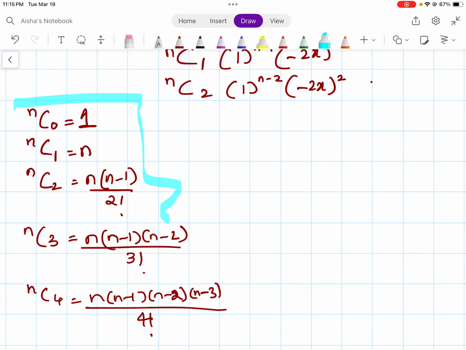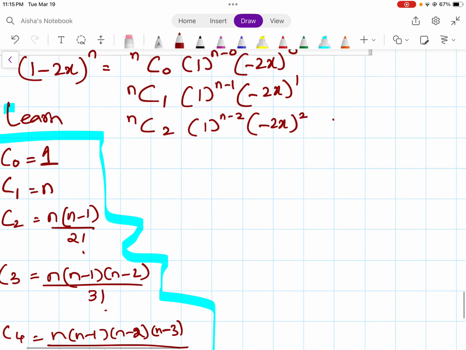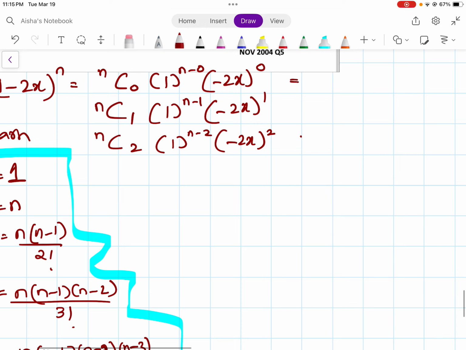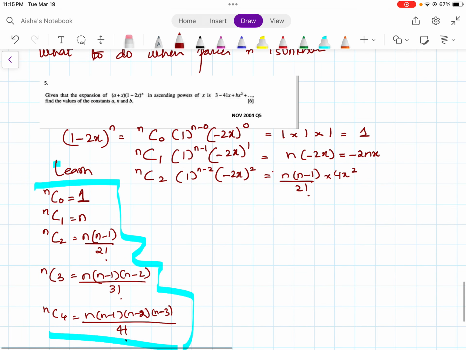So this is again something that you have to learn. Okay? Now 1 to the power anything is 1, anything to the power 0 is also 1. n into minus 2x gives you minus 2nx. n minus 1 upon 2 factorial into 4x square.